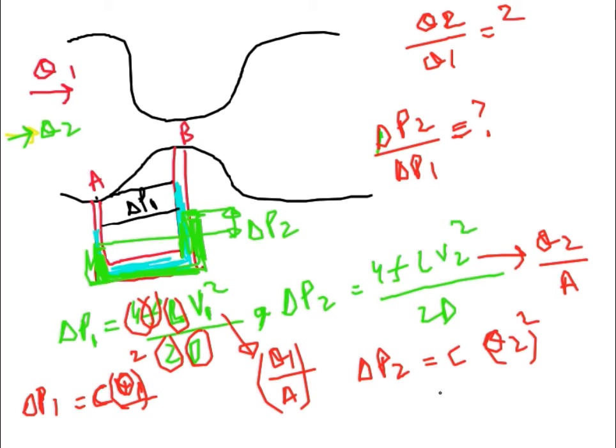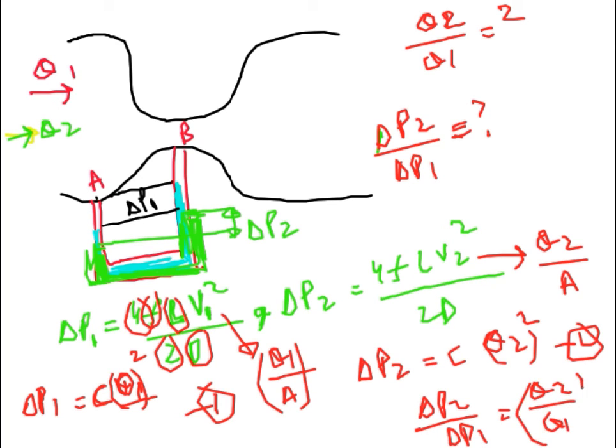So we have to find delta P2 by delta P1. So we'll take the ratio of equation 2 and equation 1. So delta P2 by delta P1 is equal to Q2 by Q1 whole square. Q2 by Q1 is 2, so 2 square will be 4. Our answer is option number 2, that is 4.